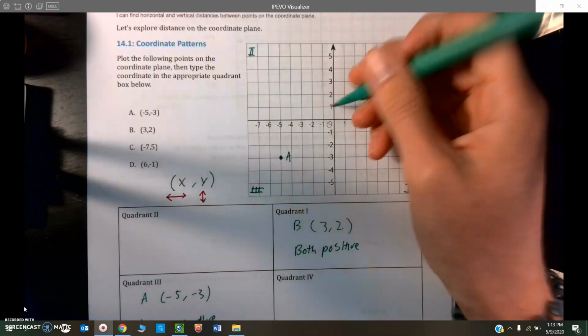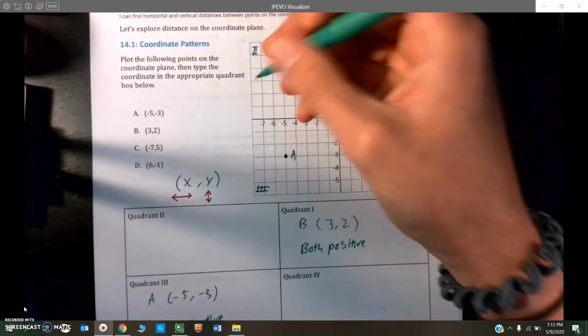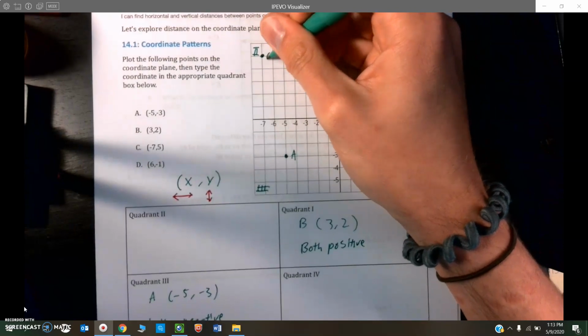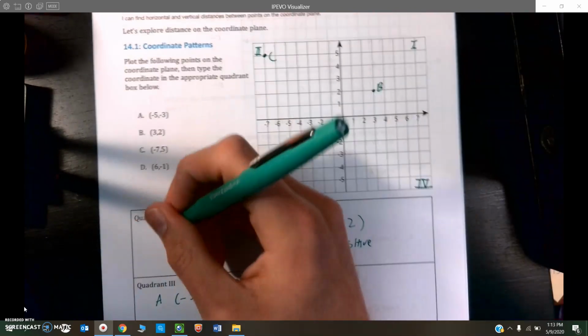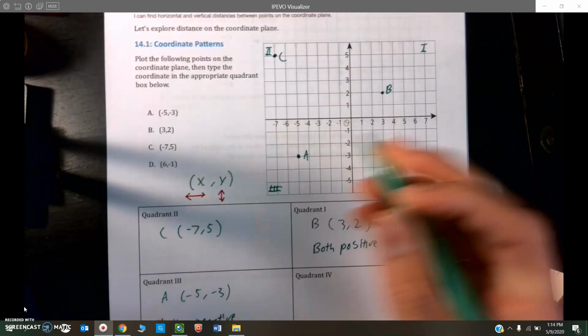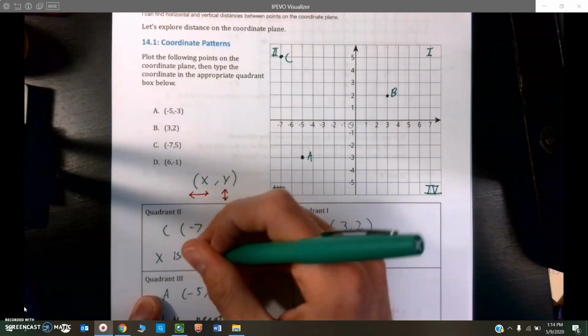C is -7, 5. So that is to the left 7. Here's -7, and then +5, 1, 2, 3, 4, 5. So here's C, and that is in quadrant 2. Anytime you're in quadrant 2, that means your X is negative.